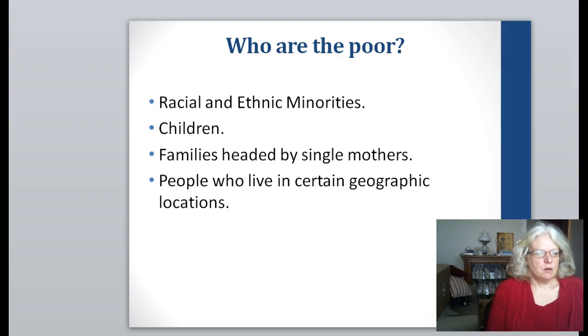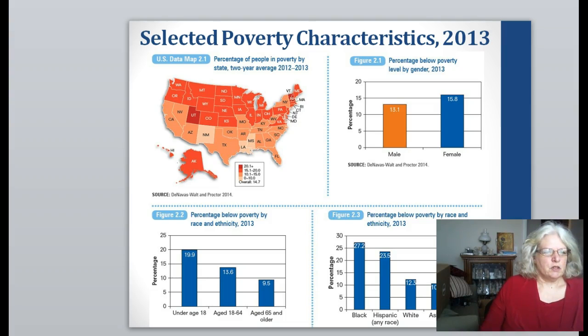Families headed by single mothers, people who live in certain geographic areas such as the South, so that we see the population itself, and we look at the poverty rates here, we can see the difference of incomes. You see the darkest red is the highest level of income right here in Utah and New Hampshire. And yet, here we go, we fall into these other categories. And Pennsylvania does fairly well, all right?